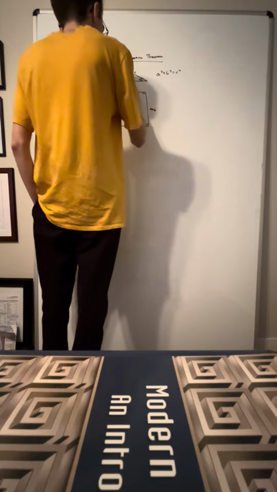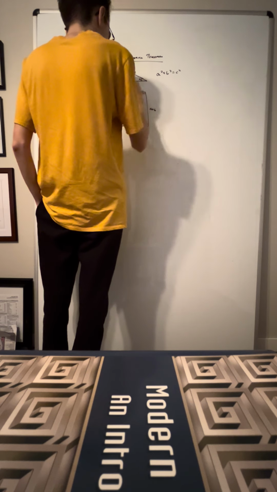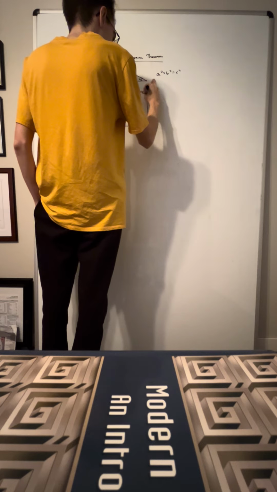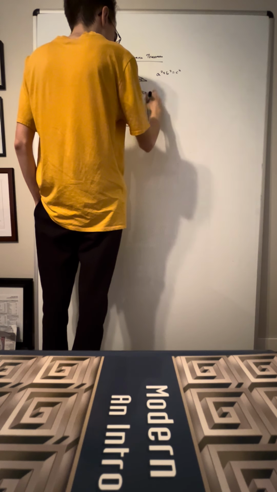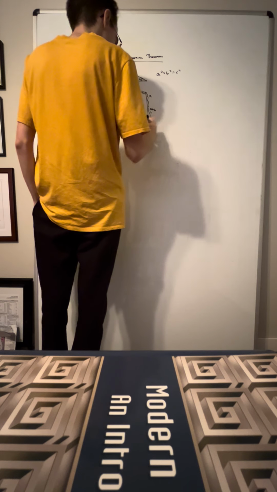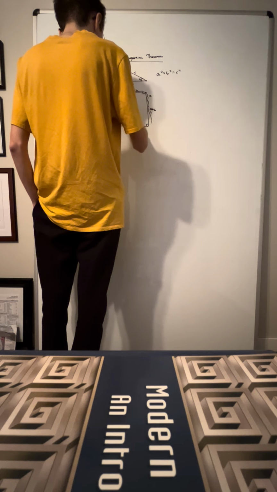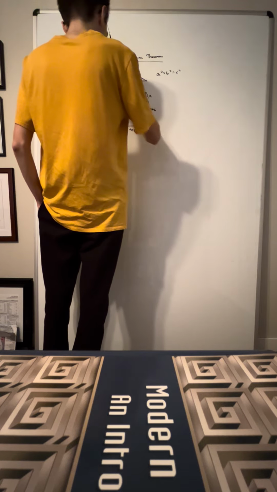And okay, so let's say that this part here is length A, this is B, and if you go all the way around, we're going to say that we can draw it like this.